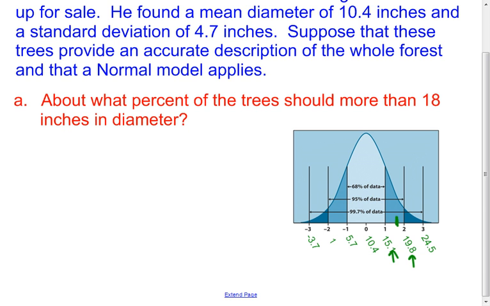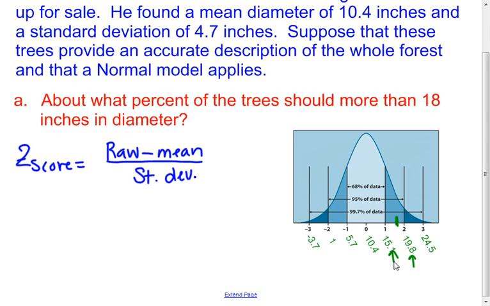So when that happens, to figure this out, we need to first of all get a z-score. And just remember that in order to do a z-score, what you do is you take the raw score minus the mean and divide by the standard deviation.